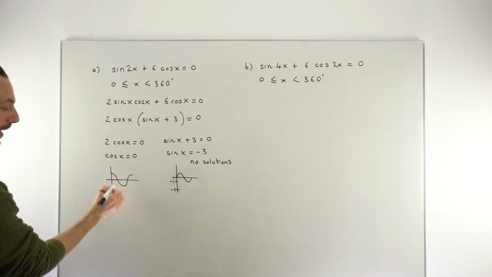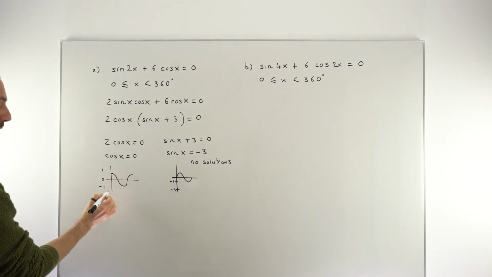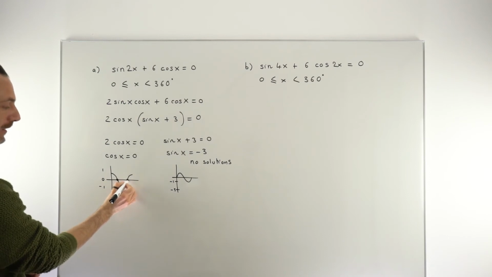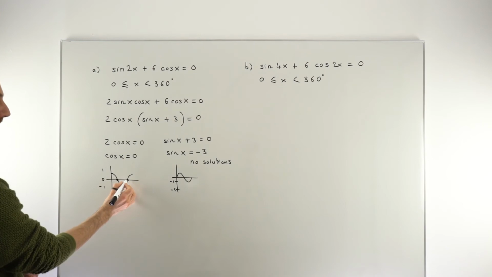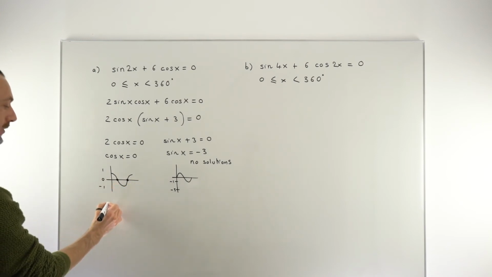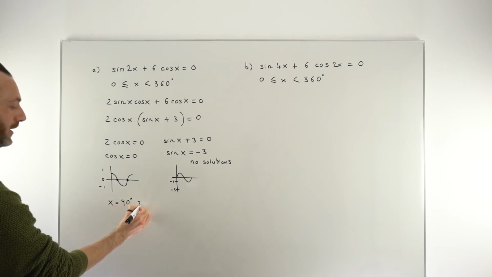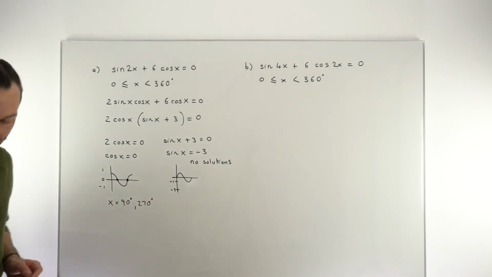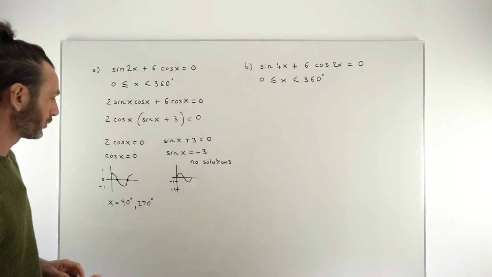It gets to 0 here and here. So what are those points? Those points are at 90 degrees and 270 degrees. So the x solutions are just 90 degrees and 270 degrees. If you were in radians, you would just write the radian equivalent of those values. Okay, so those are our two solutions for part A.